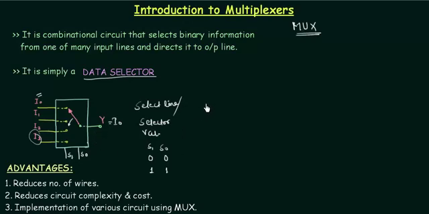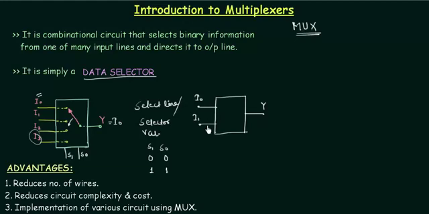The next thing we have to see is the representation of the multiplexer. It is represented by this rectangular box, in which the number of inputs are mentioned. Let's say this is I0, this is I1, 2 inputs are there, and remember, in a multiplexer the number of outputs is always 1.